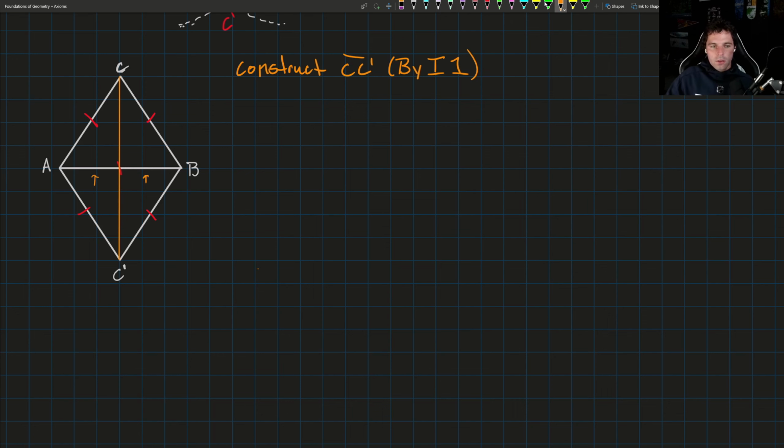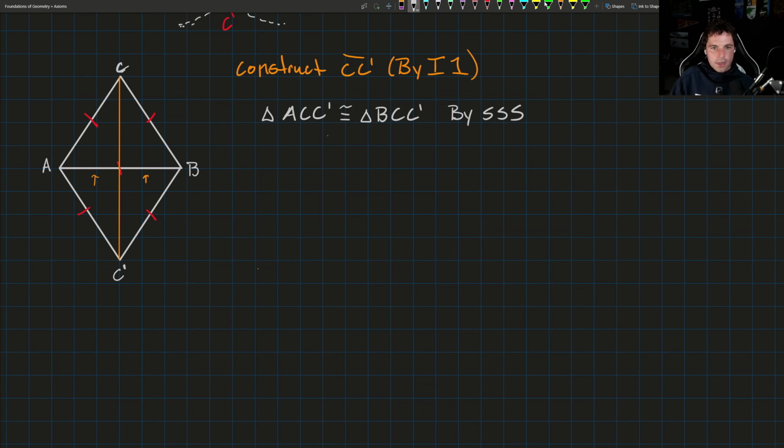So things that we have right now, we have triangle ACC prime and triangle BCC prime. And we know that these are congruent to one another by SSS, because AC is congruent to CB, BC prime is congruent to AC prime, and then CC prime is congruent to itself.